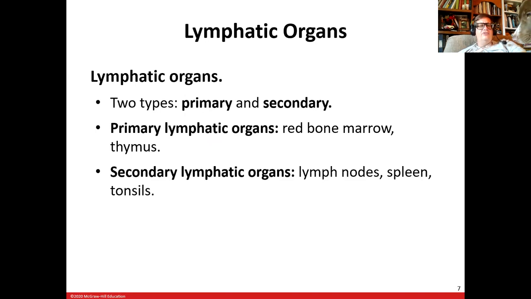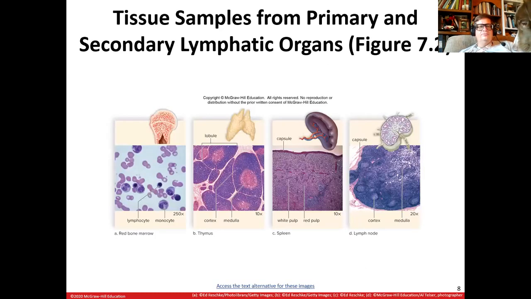All right, so there are two types of lymphatic organs: primary and secondary. The primary ones are red bone marrow and thymus. Secondary are lymph nodes, spleen, and tonsils. So, do you remember where I said that the lymphocyte was a tiny white blood cell?